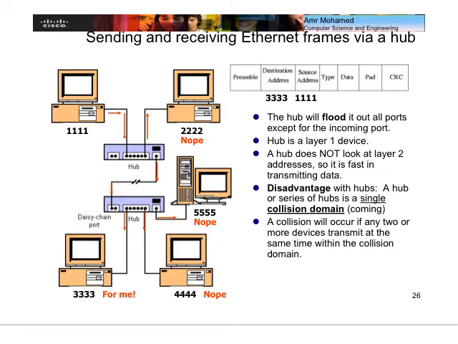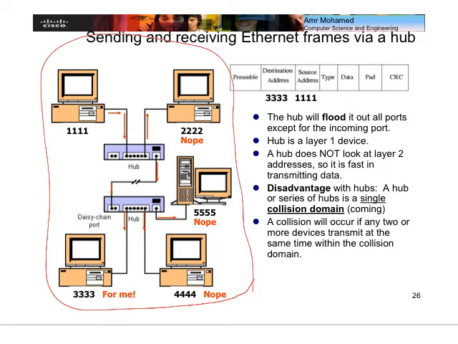In which case, there's one collision domain between all these nodes together. We call it a collision domain. This means that any two nodes in that domain will collide together.